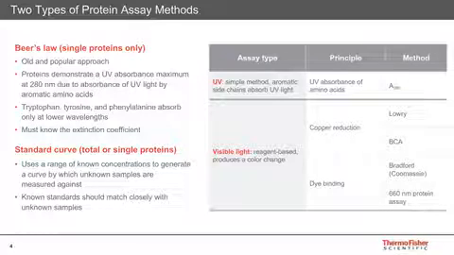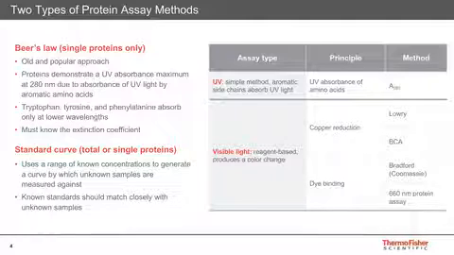By measuring the absorbance at 280 nanometers, concentration of proteins can be determined provided we know the extinction coefficient of each protein. Therefore, this is an absolute method of protein concentration determination.